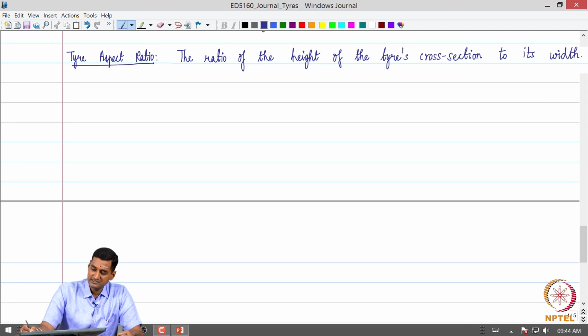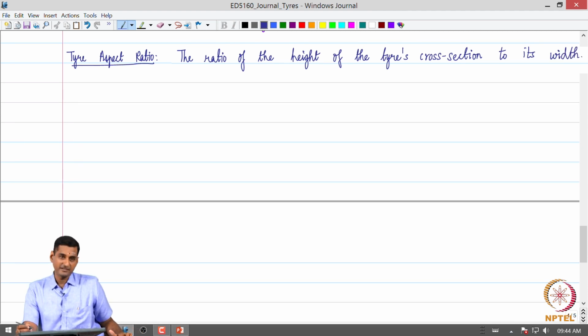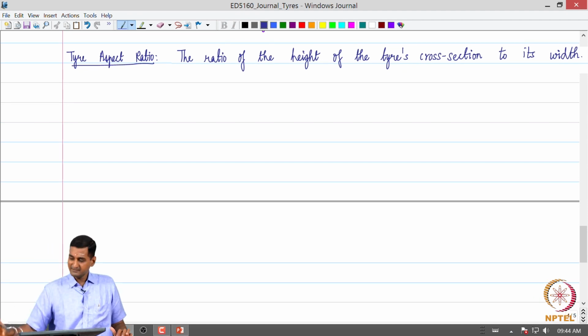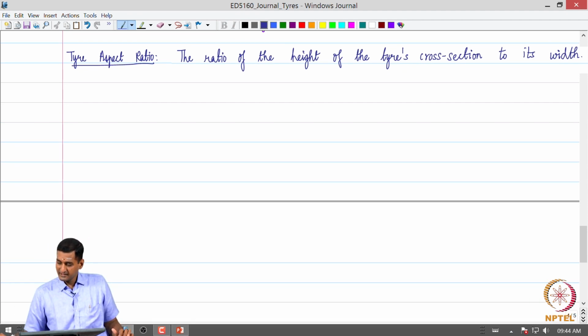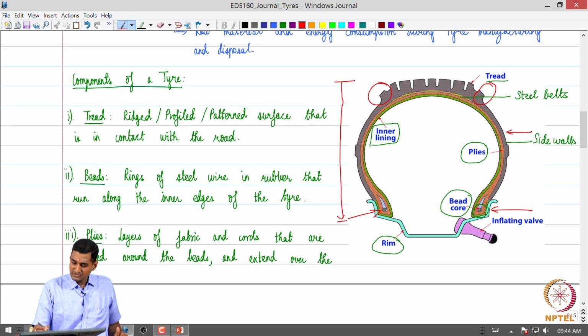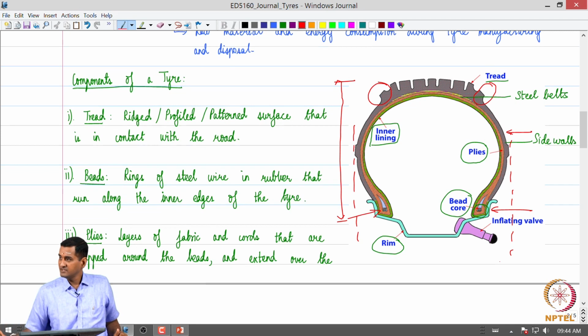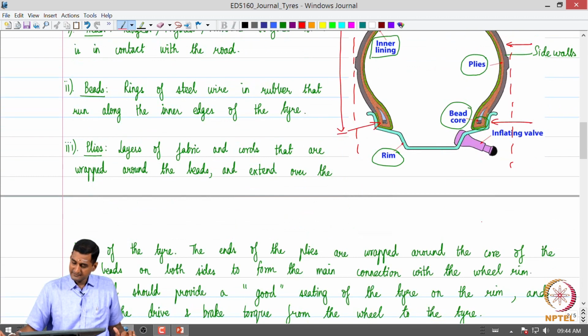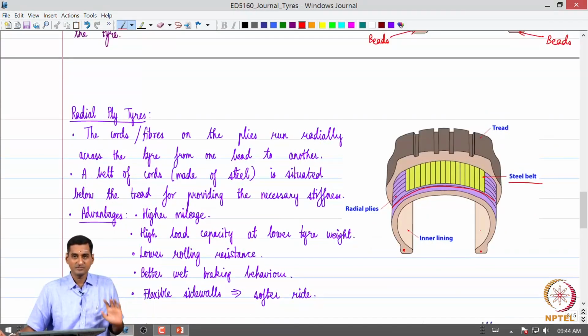If we go back to the schematic, broadly the height of the tire will be this, and the width of the tire will be this. So, the aspect ratio is the ratio of the height of the tire to the width of the tire.